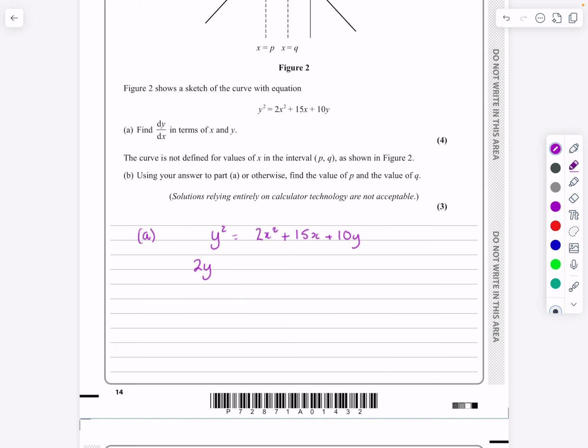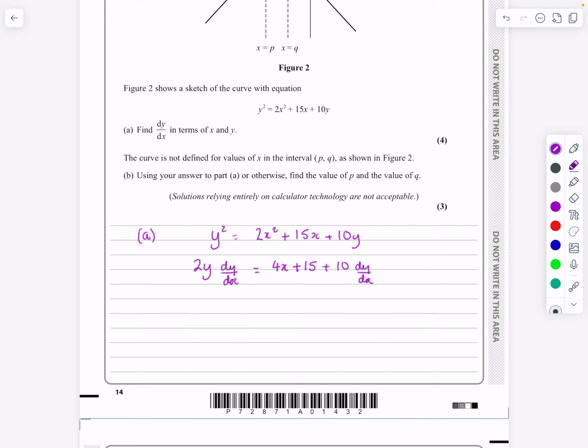I would imagine you know that the differential of x squared is 2x. So differential of y squared is 2y, but anytime we have a y function, then we also have to include a dy by dx. Equals differentiating 2x squared, multiply by the power, take one off. Differentiating 15x, I think we just know that that's equal to 15, don't we? And then differential of 10y is going to be 10 dy by dx.